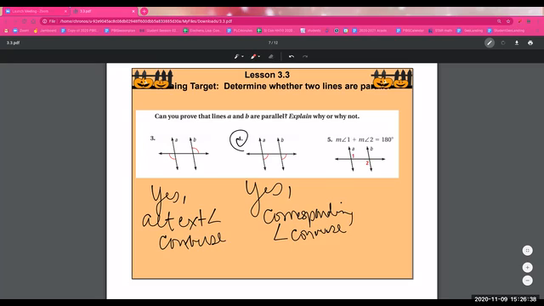It says they add up to 180. Well, the angles that are supplementary, if lines are parallel, would be same side interior, and these are not on the same side. So you would say no, the measure of angle 1 is not equal to the measure of angle 2, which is what you would need using the alternate interior angle converse. So just know.